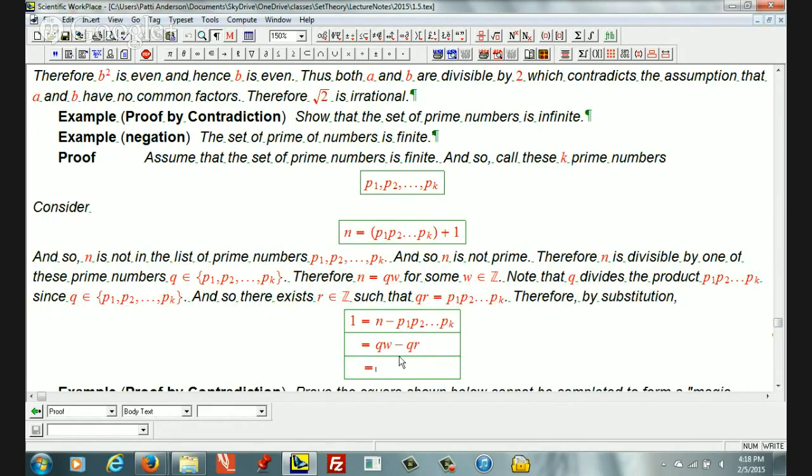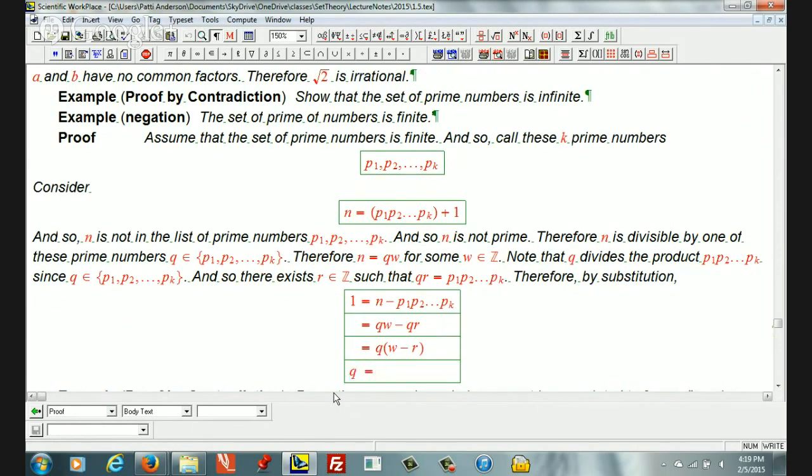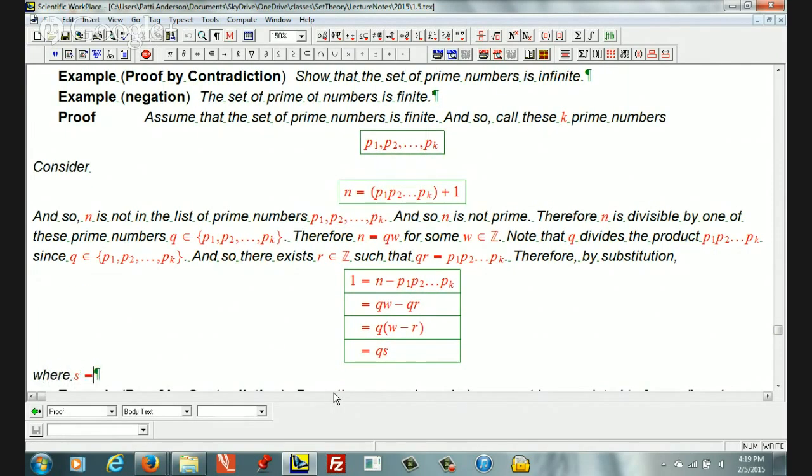Now what do you think we should do? Factor out a Q and we get W minus R, and this equals Q times, I don't know, S, where S is equal to W minus R as an integer. What is that telling you? Let me put it together for us.